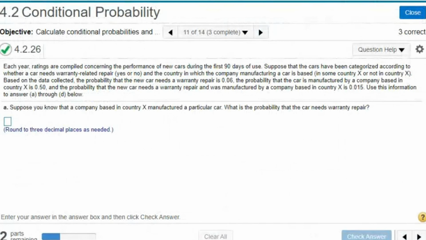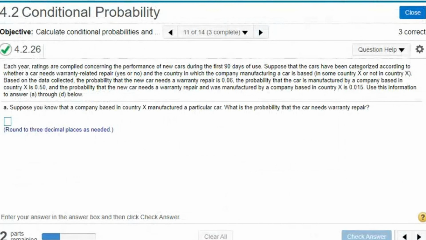The probability that the car is manufactured by a company based in country X is 0.5, and the probability that the new car needs a warranty repair and was manufactured by a company based in country X is 0.015. Use this information to answer A through D below.